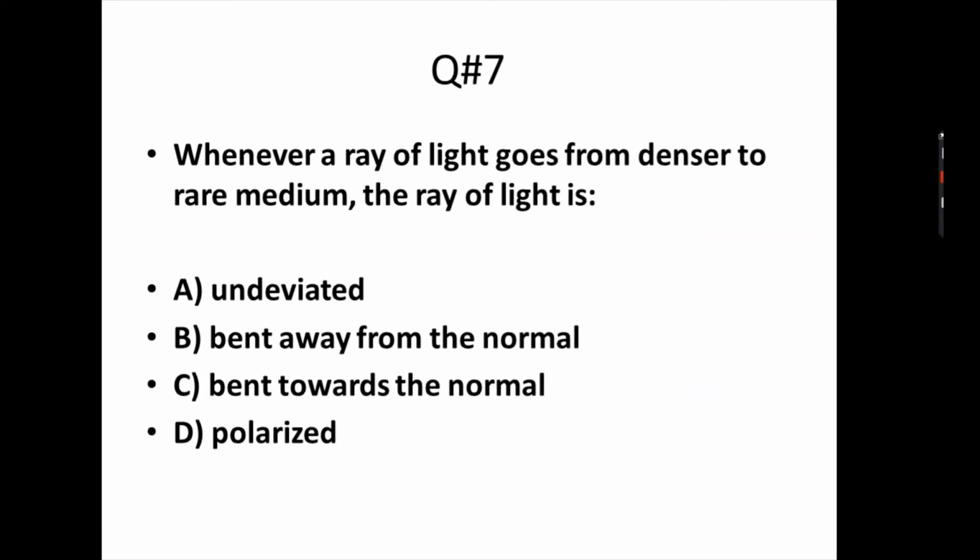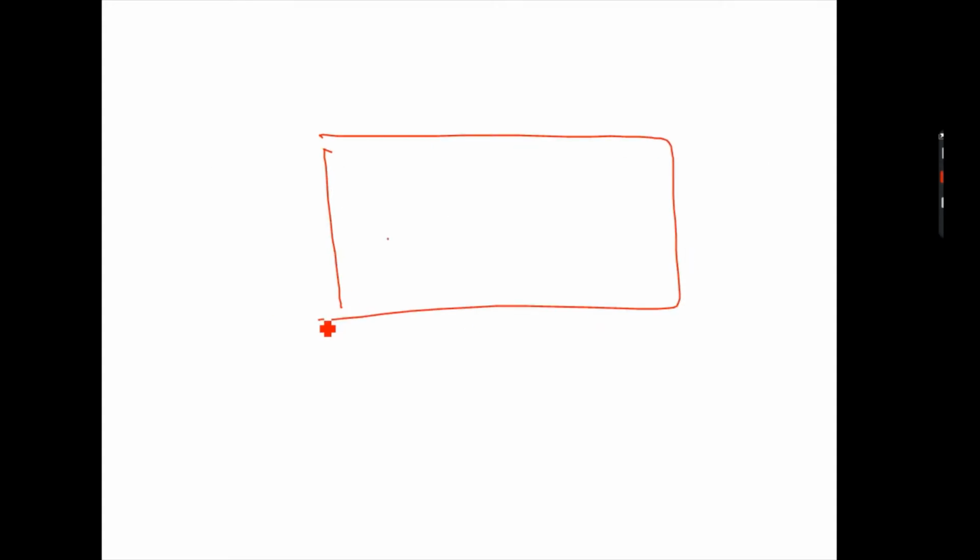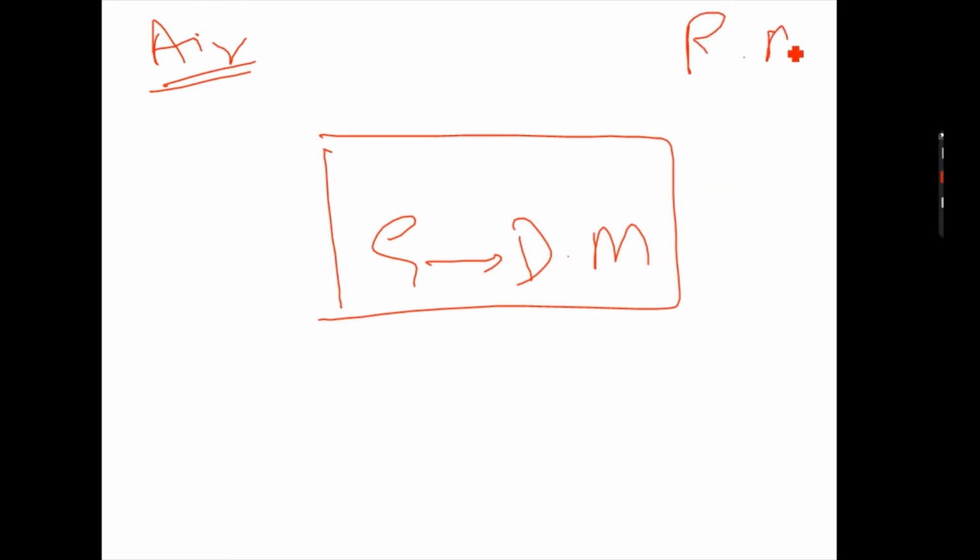Whenever a ray of light goes from denser to rare medium, the ray of light is undeviated, bent away from the normal, bent towards the normal, or polarized. Look here. Glass is a denser medium. Air is a rare medium. Got it? Rare medium means density is low.